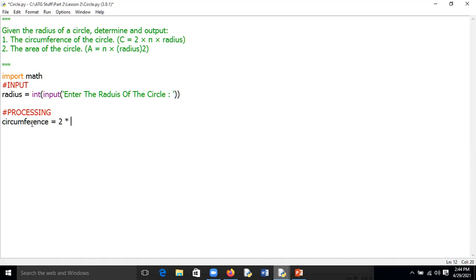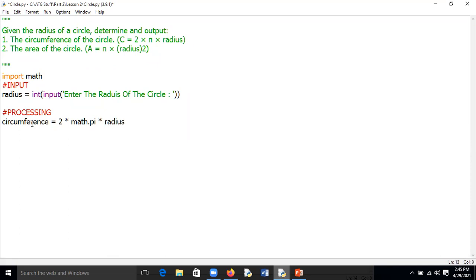Pi is actually 22 over 7, but we don't actually have to do that, because if I do this math dot and go with, can you see that? Math dot pi. So it actually has it in the math class, pi. So we don't actually have to do a calculation. And it's going to be times radius.